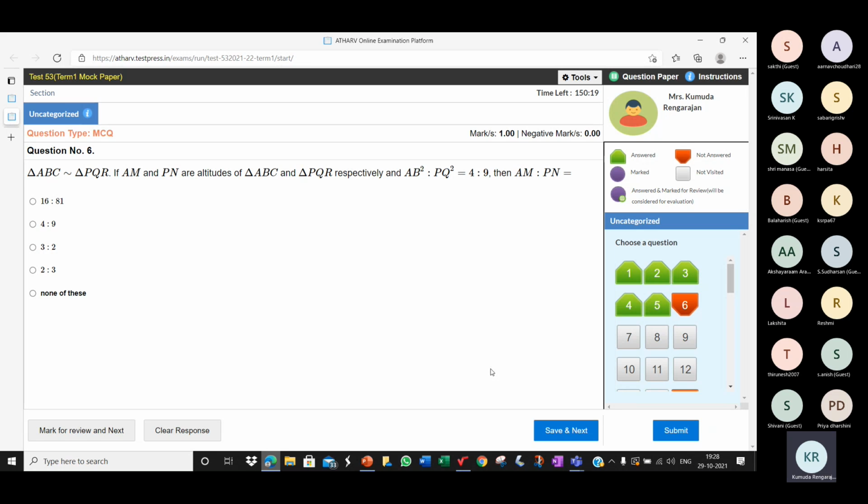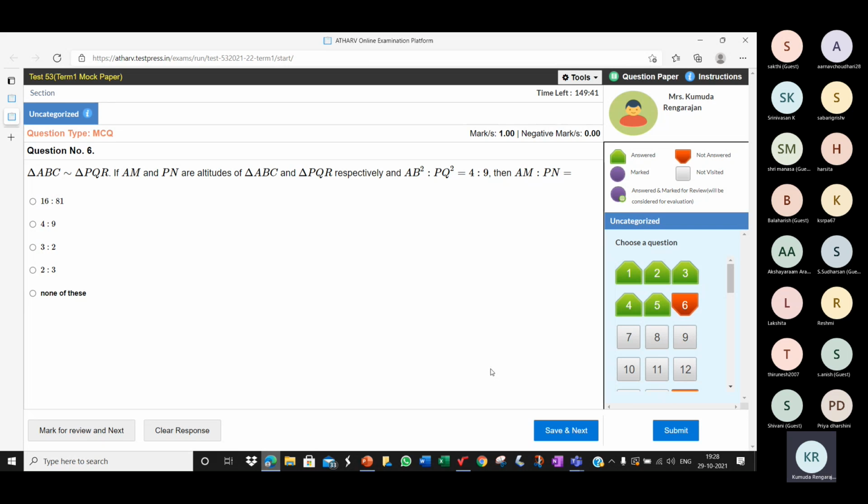When two triangles are similar, the ratio of their corresponding sides will be the same as the ratio of their corresponding altitudes, the ratio of their corresponding medians, the ratio of their corresponding angle bisector segments, and the ratio of the perimeters of these two similar triangles.